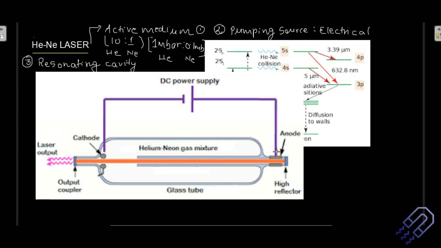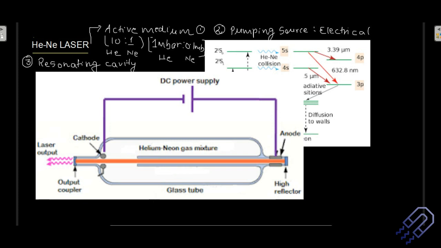So let's say this is your anode and this is your cathode, and when we are applying a very high voltage, let's say around 10 kilovolt, the electrons in helium get excited. It keeps on moving very fast, and as a result the neon atom will also get excited because the helium atom will come and strike the neon gas atoms, and this is actually done inside the entire glass tube. So if you want to explain the resonating cavity, this much explanation should be okay.